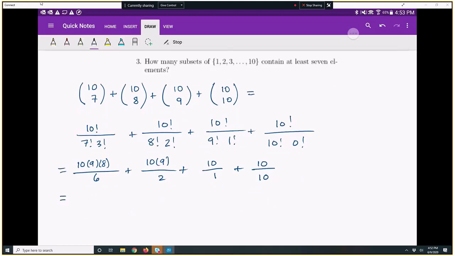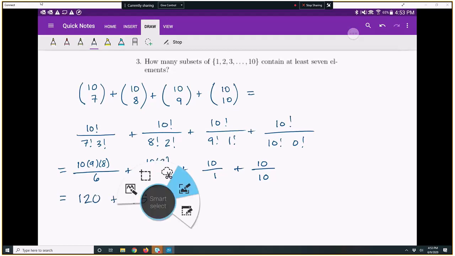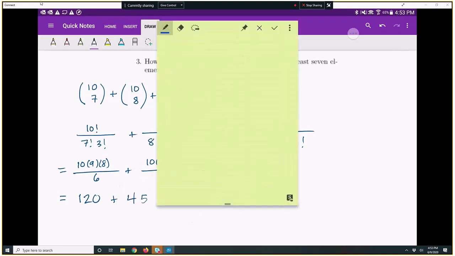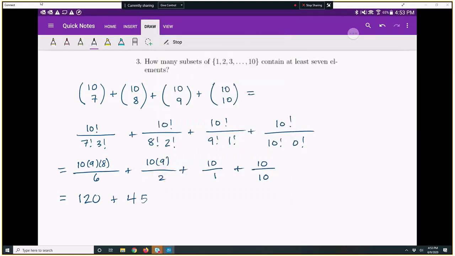So this ends up being 120 plus 45 plus 10 plus 1, which is 176.